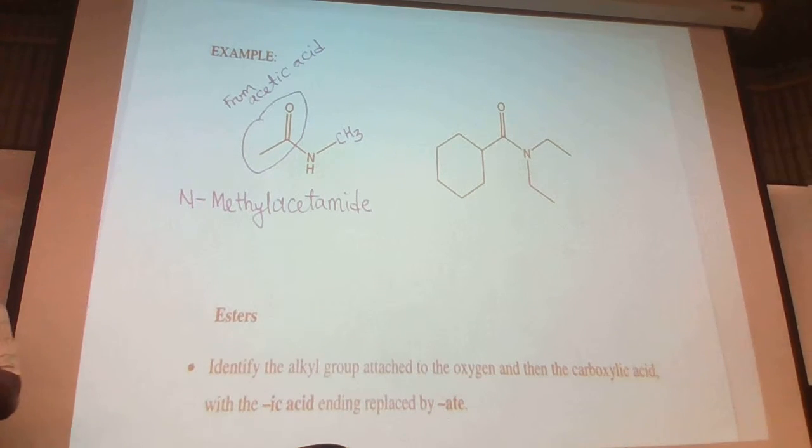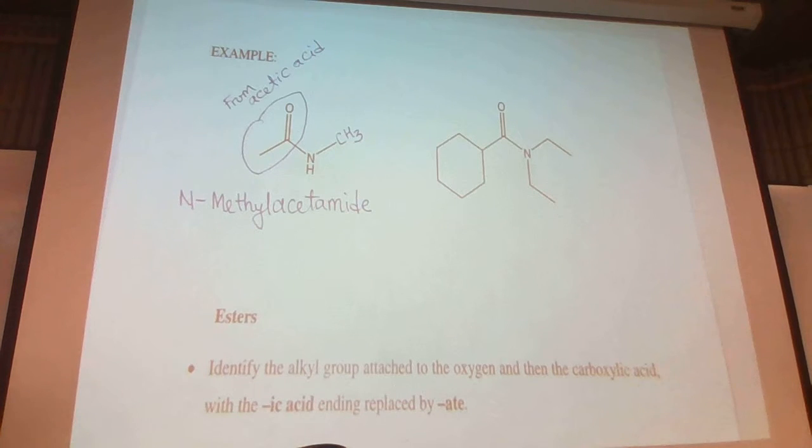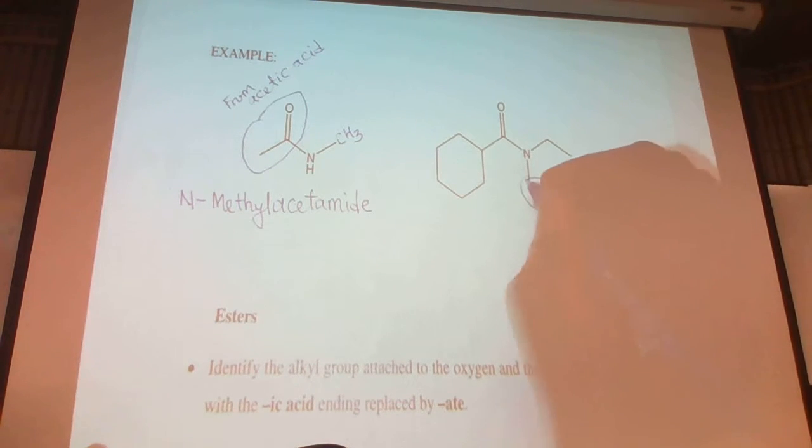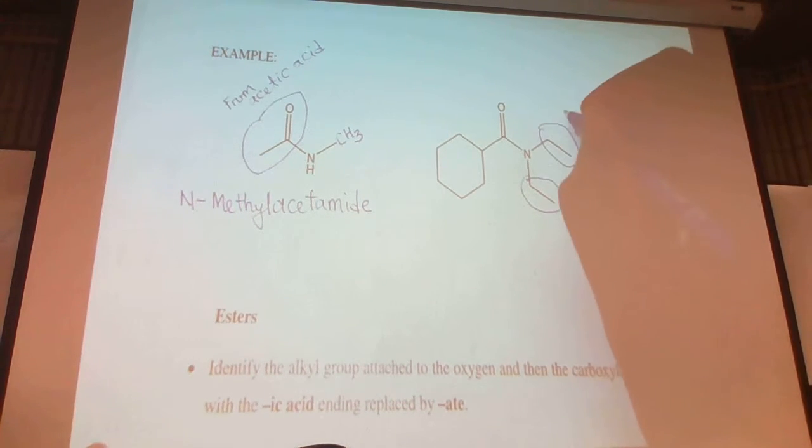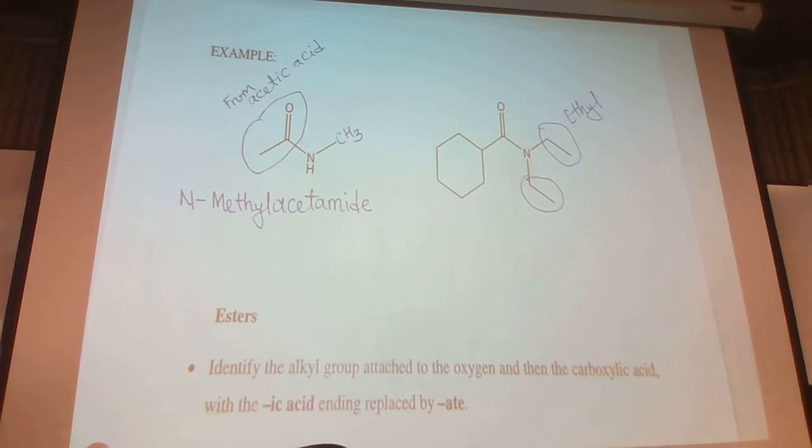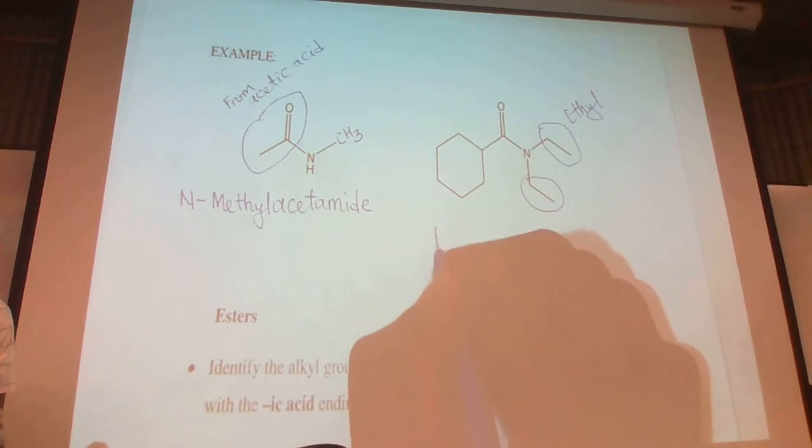So, what about the second one? You have an ethyl group here and an ethyl group there, both sitting on the nitrogen. So it's going to be N, comma, N, because there are two.